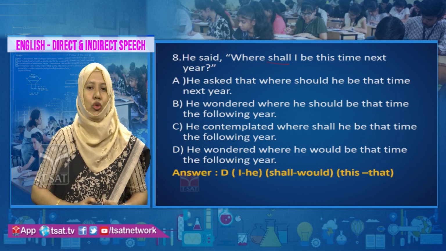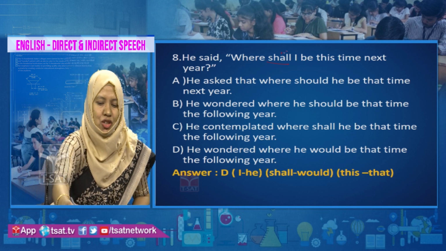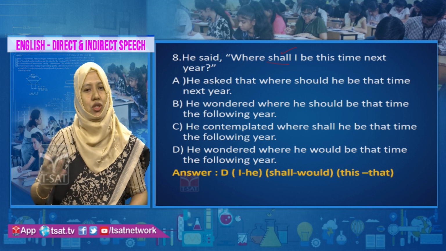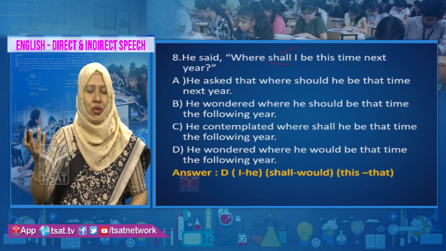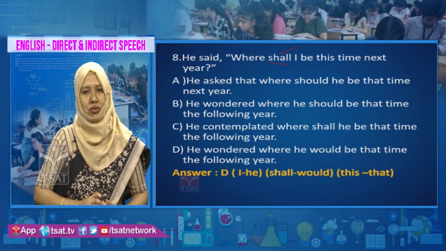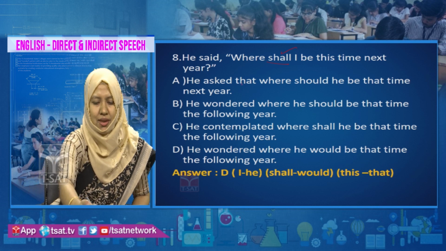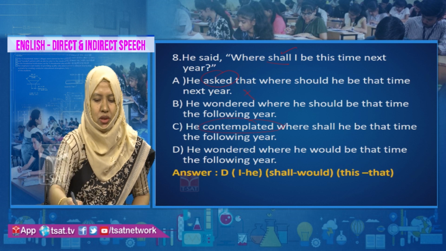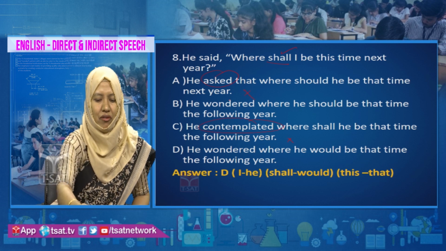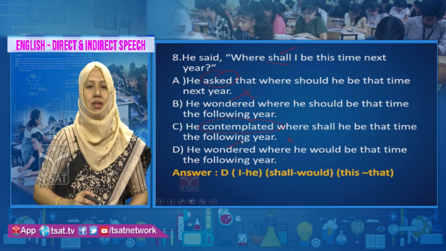He is talking about future time, shall is mentioned. Will and shall are used in future time. In the future you do not know what is going to happen, so you will wonder about the future. So, let us eliminate asked and contemplated, because we have wondered as the correct option.